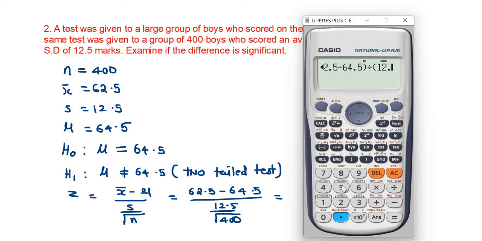It is 12.5 divided by square root of 400. Close the bracket. So now we are getting minus 16 by 5. So if you find the decimal point, it is minus 3.2. Minus 3.2 is the answer.